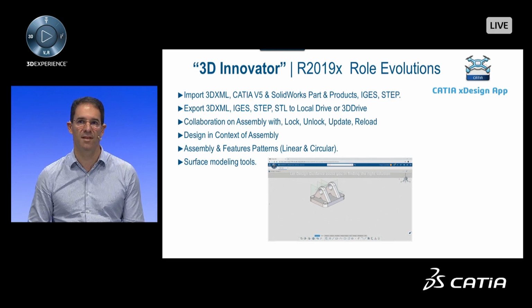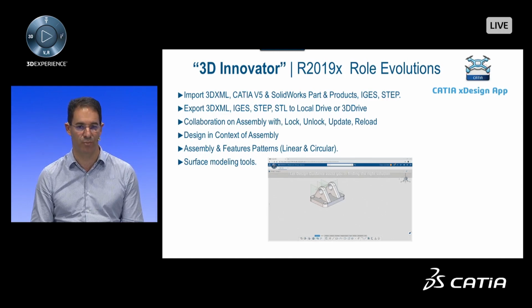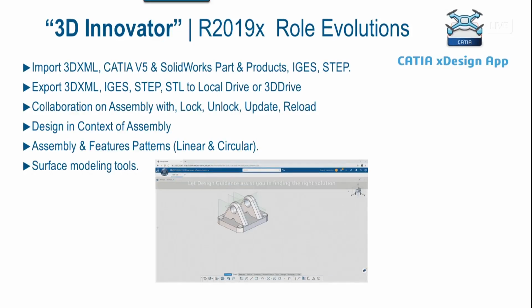So we have improved in this release the 3D Innovator role with the CATIA XDesign app. So for example, we can now import 3D XML, CATIA V5 and SolidWorks parts and products, IGES, steps. We can also export 3D XML, IGES, step or STL files. We have also improved the collaboration on assembly with the possibility to lock, unlock, update or reload data.